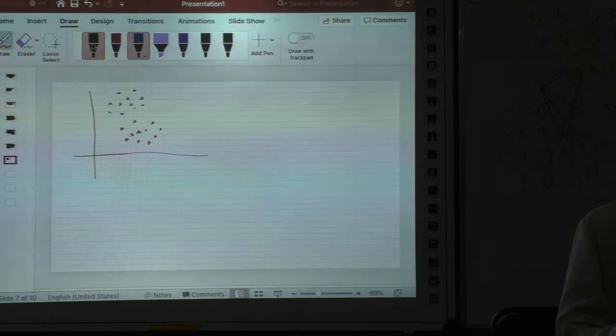Now I want to separate them with a line. This was x0, this is x1. I use y equal to mx plus c.